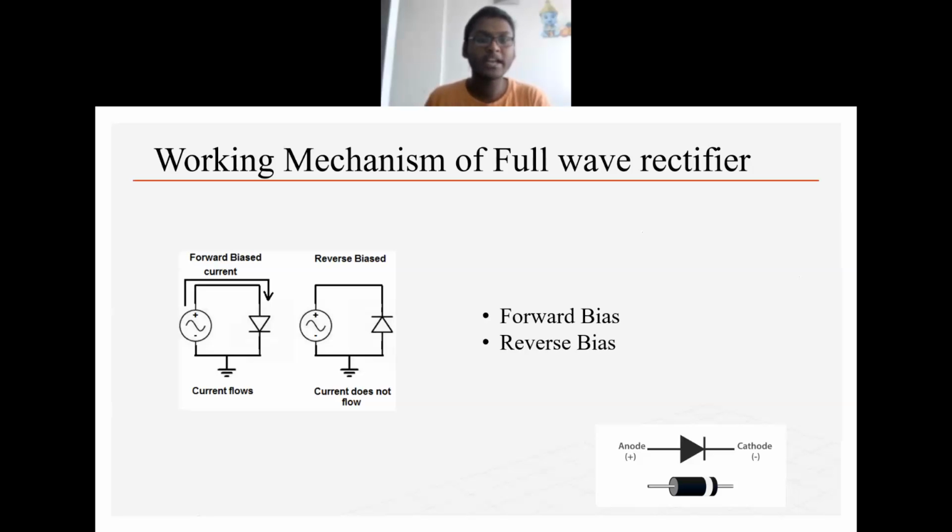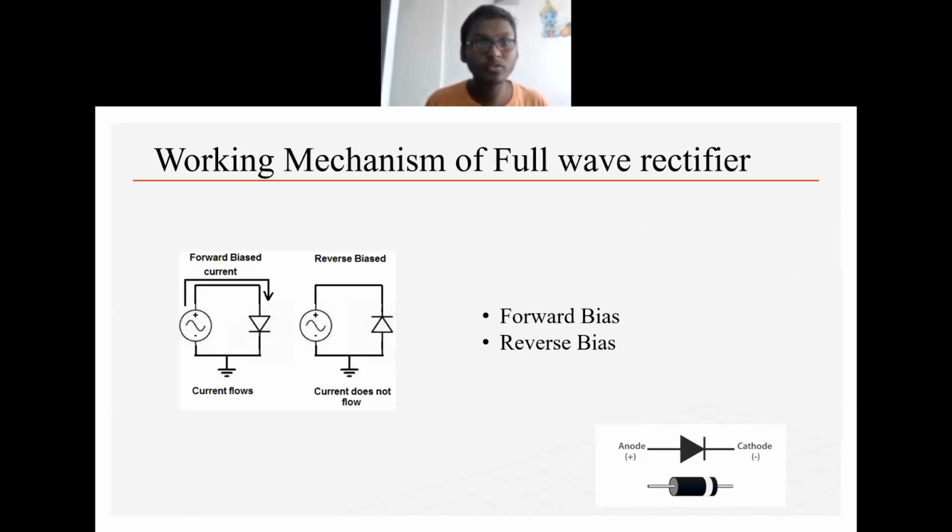Before going to the working mechanism of the full wave rectifier, we need to understand some basic concepts of forward bias, reverse bias, and the diode. As we know, a diode is made up of two different types of semiconductors, p-type and n-type. If the p-type semiconductor is connected to the positive terminal of the source, it is known as a forward bias connection.